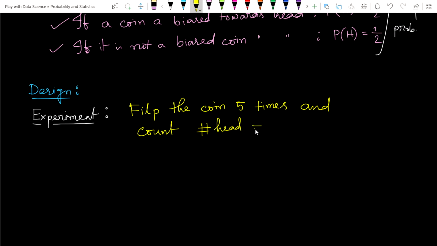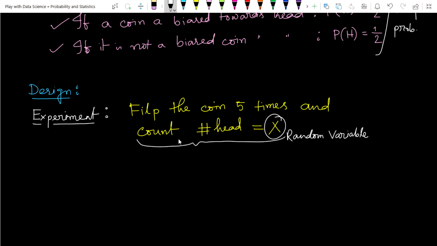Suppose this count of heads is our random variable that we have chosen. This is the sample random variable that we have designed here, and these x are actually the test statistics.